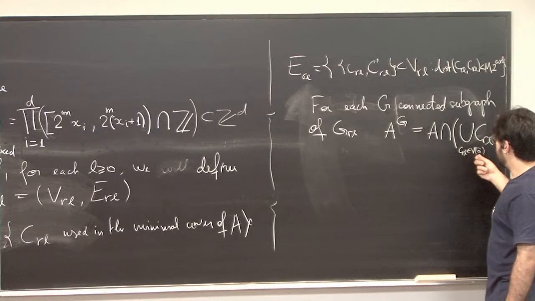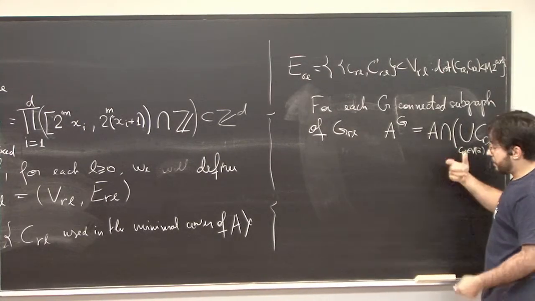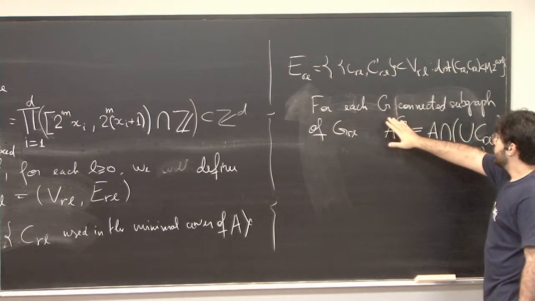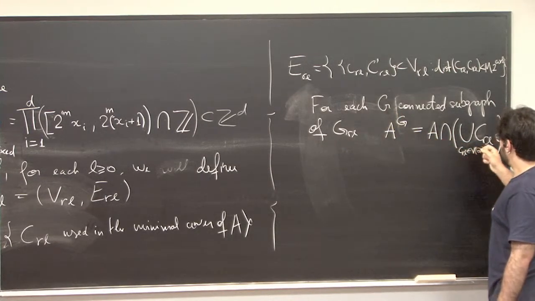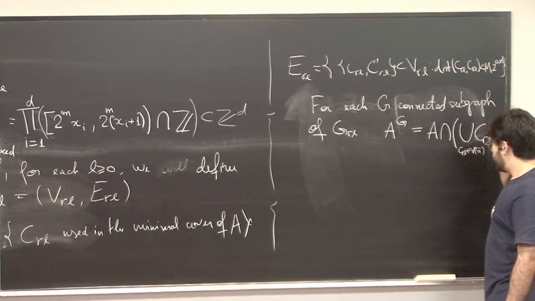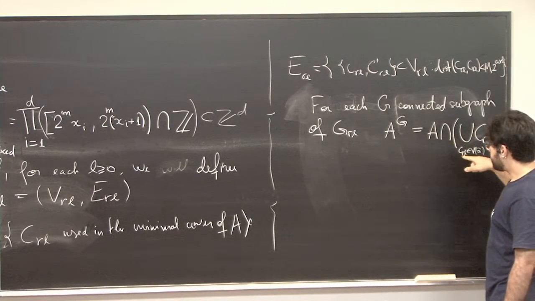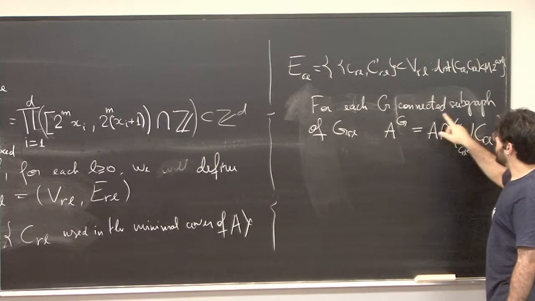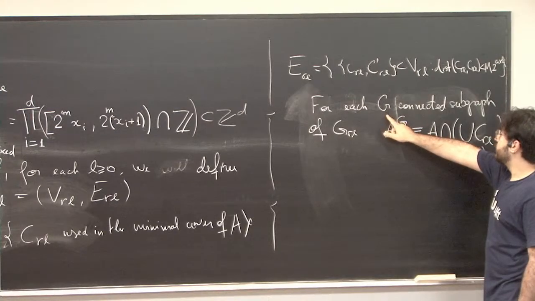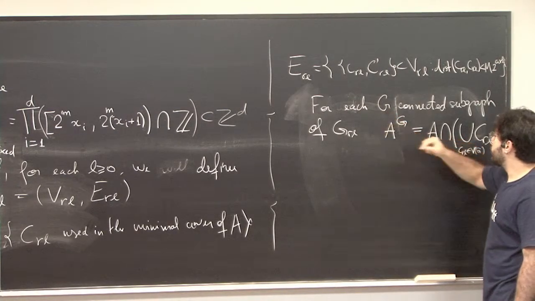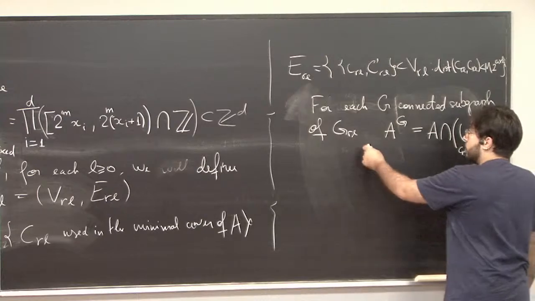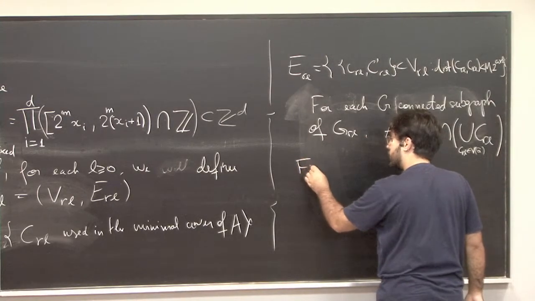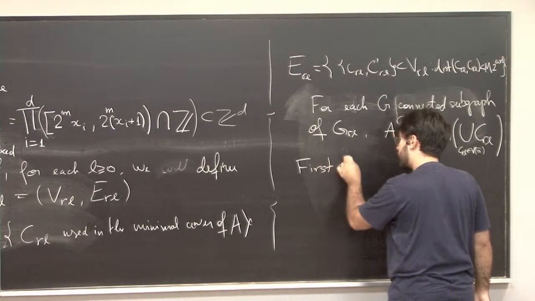They are part of a cover of A. They may not be every one, so I will take the subset of A that is covered only by the cubes that compose the vertices of G.